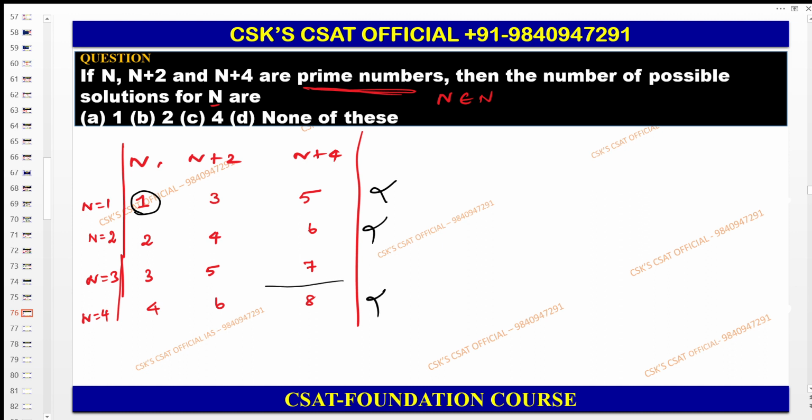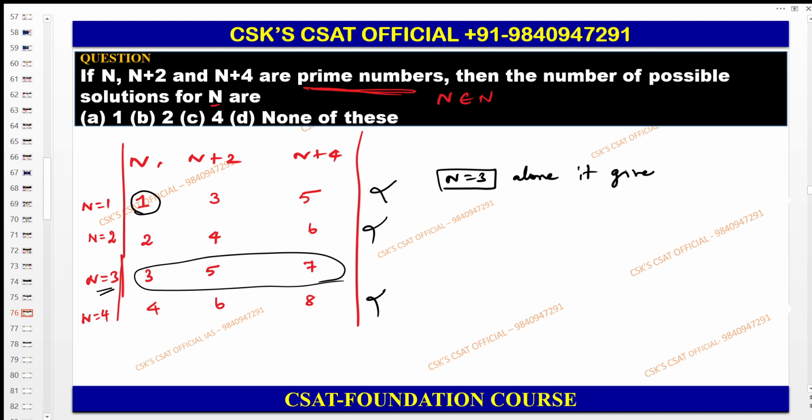Only you are having 3, 5, 7, which means when n is equal to 3 alone, it gives you prime numbers of the n, n plus 2, n plus 4 format.